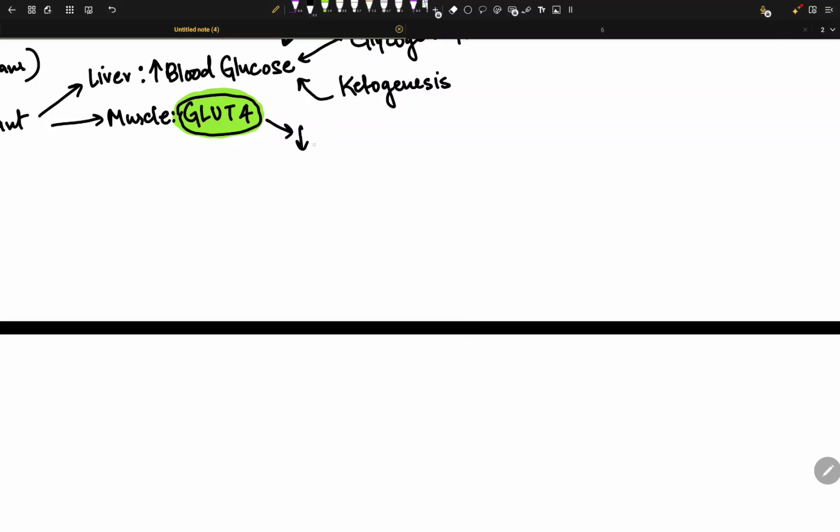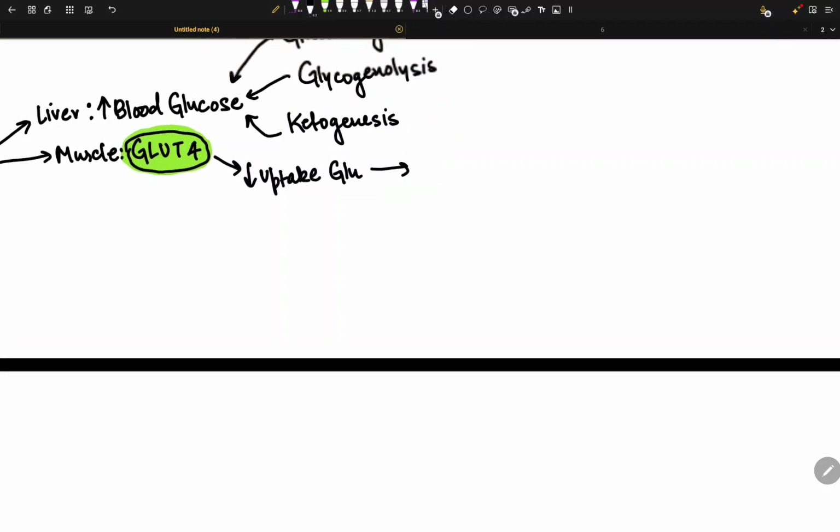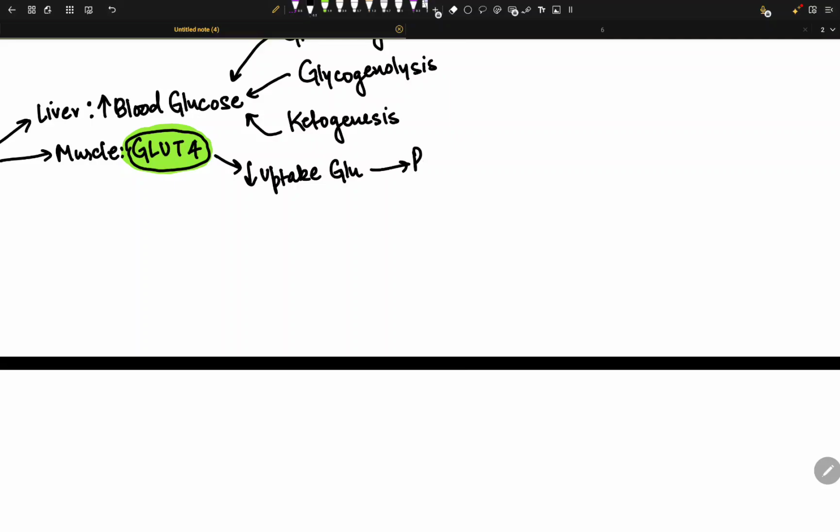If you have less uptake of glucose, what will happen? We're going to have protein catabolism. Why? We have two reasons. First, protein catabolism happens because we need ATP to maintain the muscle structures. Second, the catabolism of protein happens because protein produces a lot of energy that is amazing for whom? For RBCs. That's why protein catabolism happens.